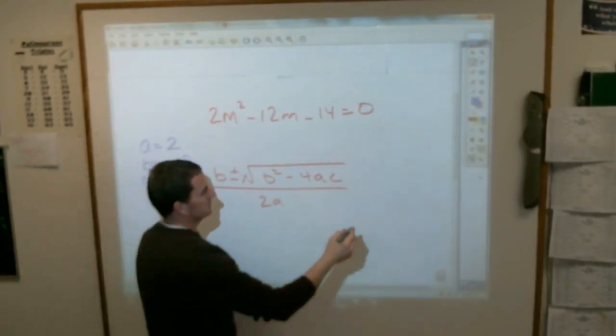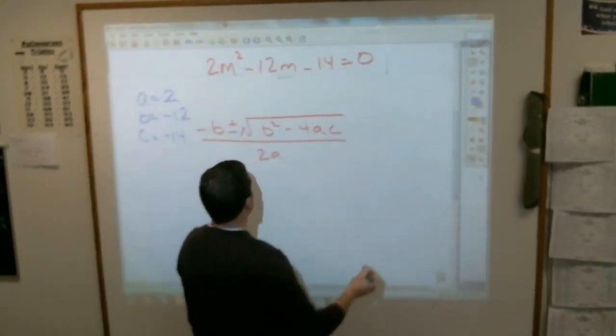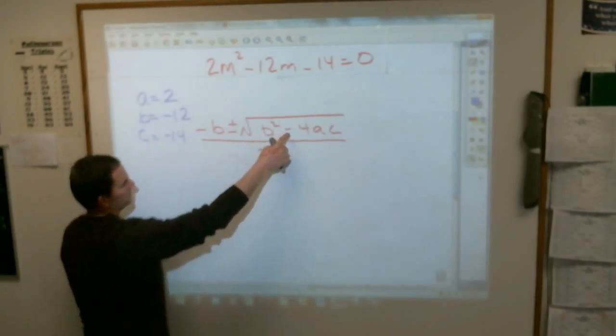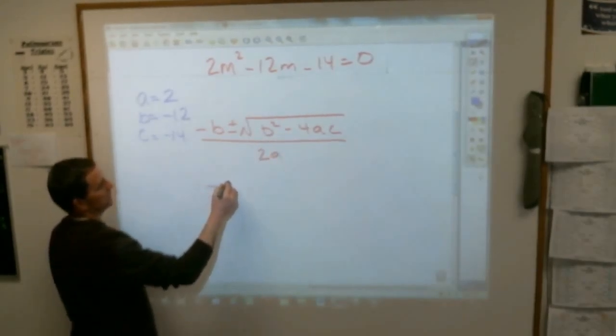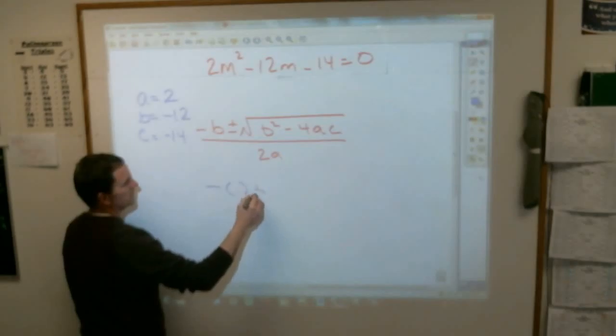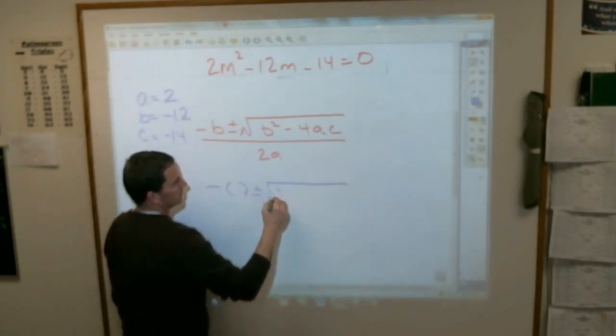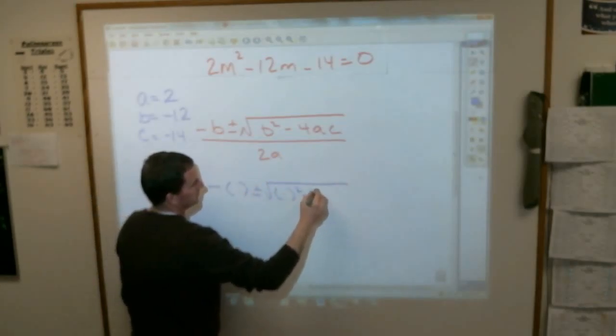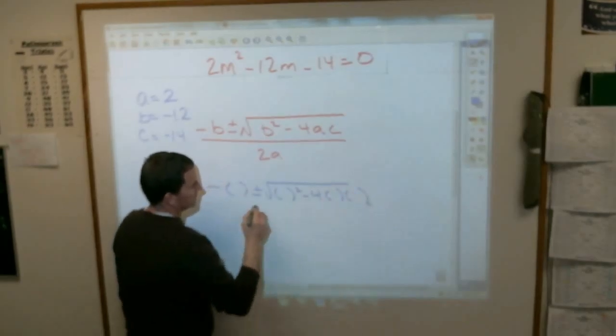And here again, this is the crucial part, because this is going to mess you up. I would definitely, highly recommend putting in your parentheses.